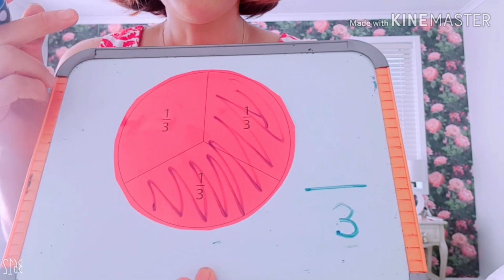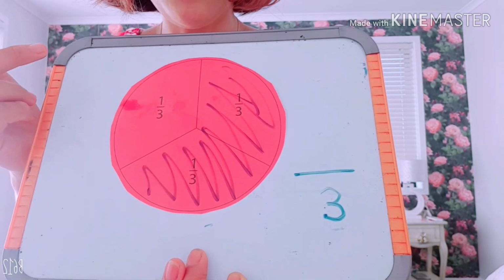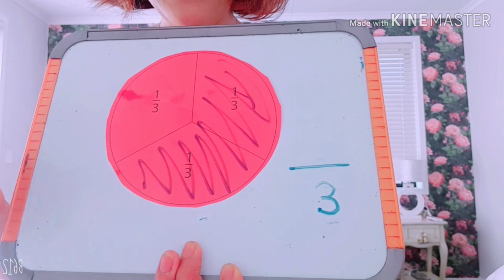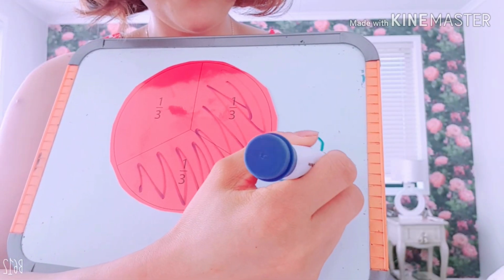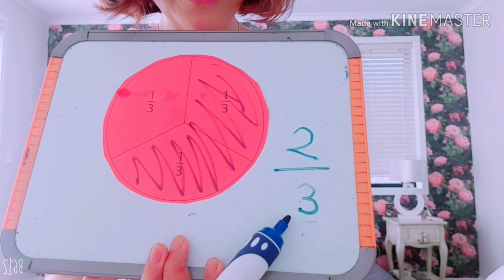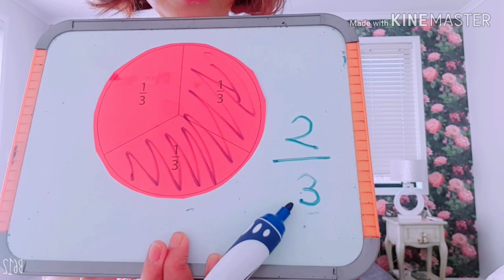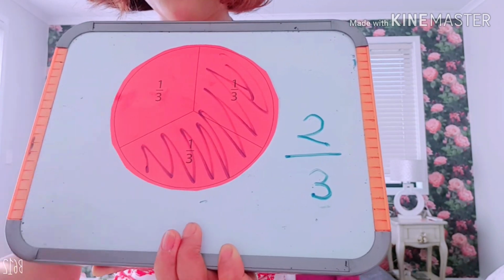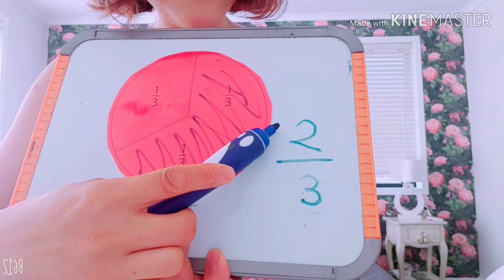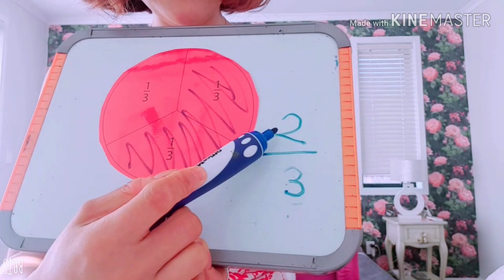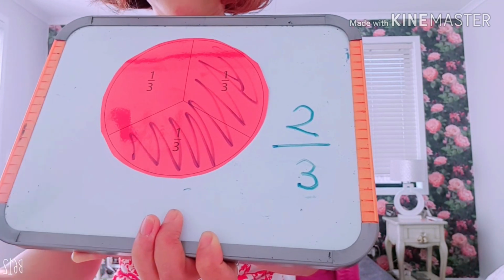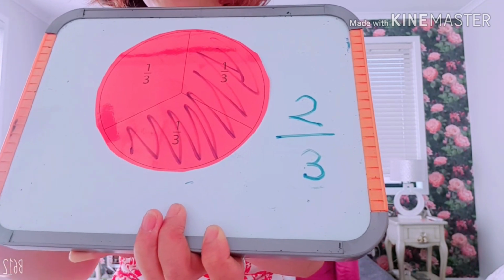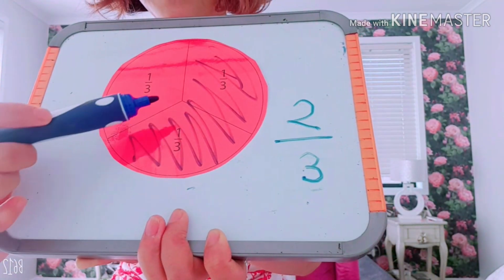So, what do I need to put at the top? So the numerator is going to be 2. Well done. So we call this denominator, which tells you how many equal parts there are in the whole circle. And the 2 is numerator. Okay, tells you how many equal parts are being described.